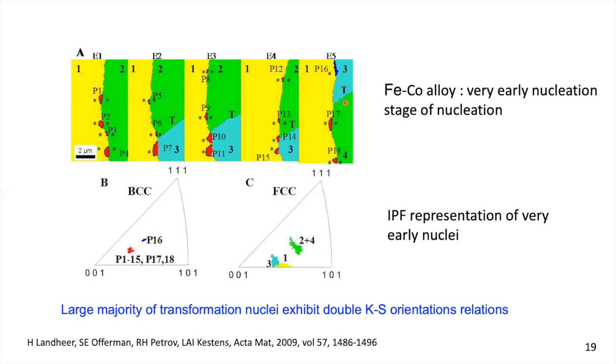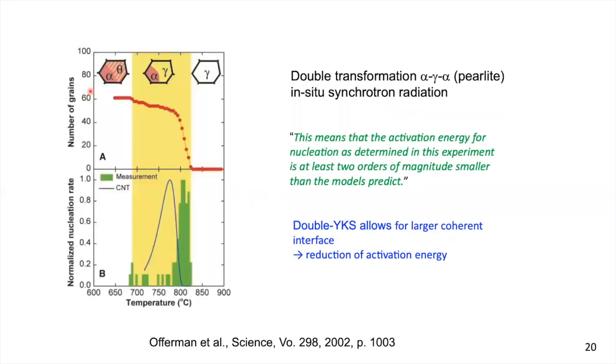And with EBSD, she looked very carefully at early ferrite nuclei that we can observe for this system at room temperature. And it was indeed confirmed, our assumption was confirmed, that the large majority of these nuclei have a double Kurdyumov-Sachs orientation relation. That is a Kurdyumov-Sachs orientation relation at either side of the grain boundary.